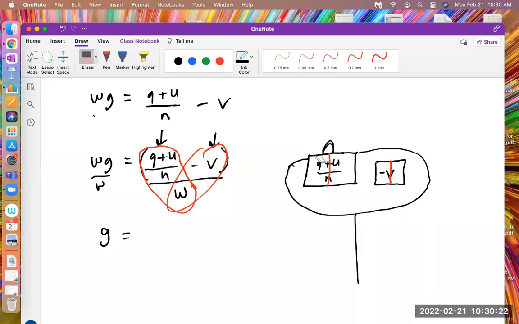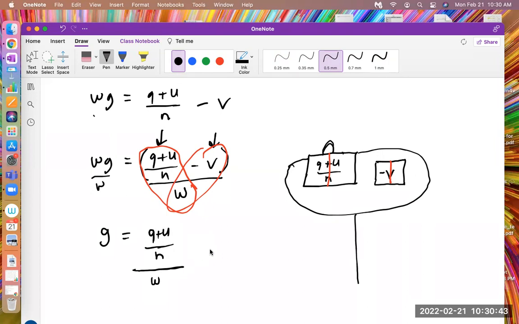And then this is going to be a hard calculation, because now we have to do q plus u over n. That's a fractional expression divided by, I'm going to make it an even bigger fraction bar, that fraction bar divided by this.